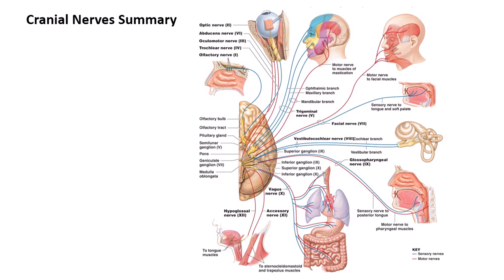Vagus nerve, which is cranial nerve 10, is a very long nerve. It is supplying from pharyngeal area all the way to the colon, so it is our large intestine, so it is a really long nerve. It is a mixed nerve, sensory and motor.